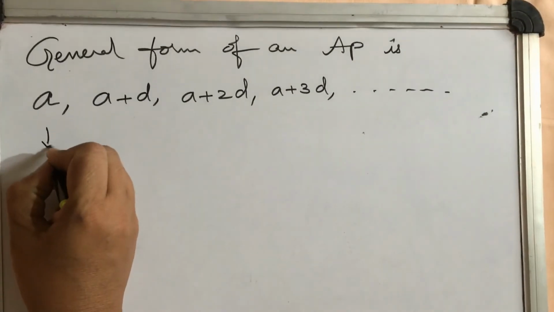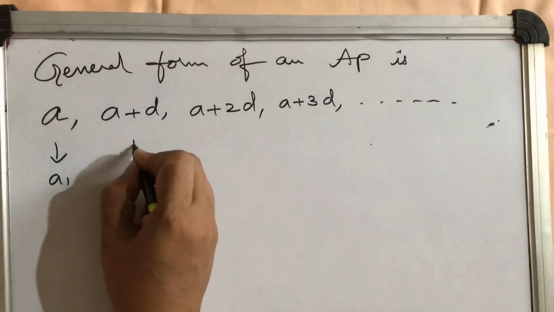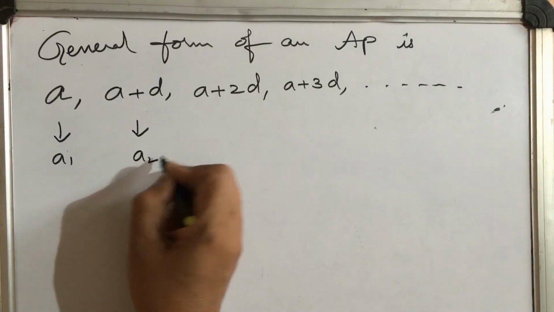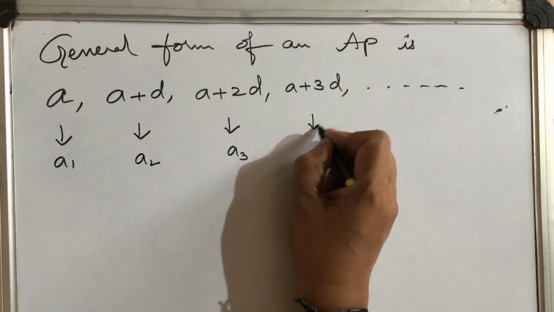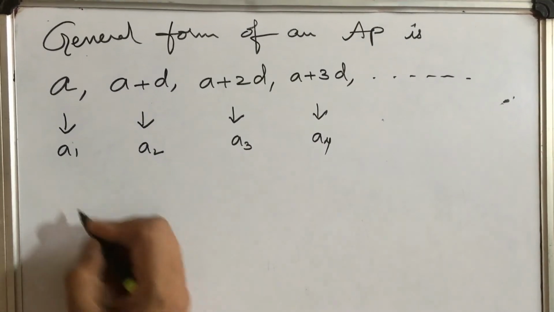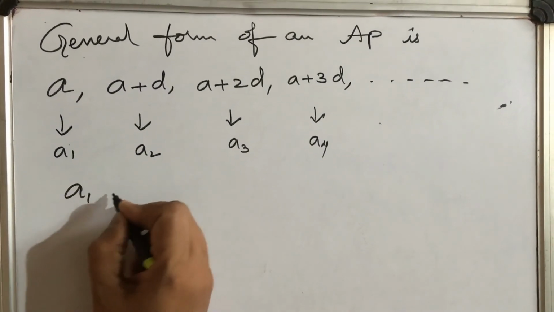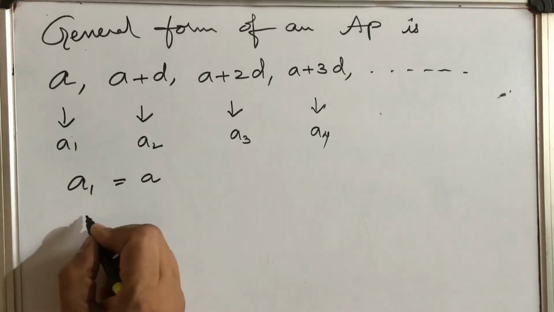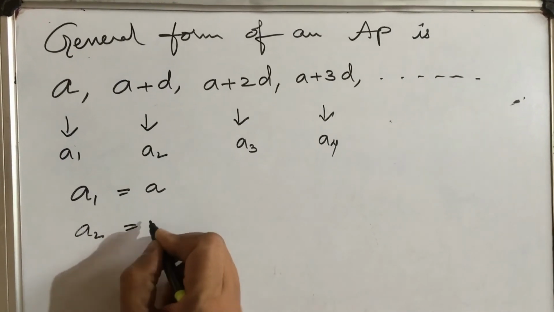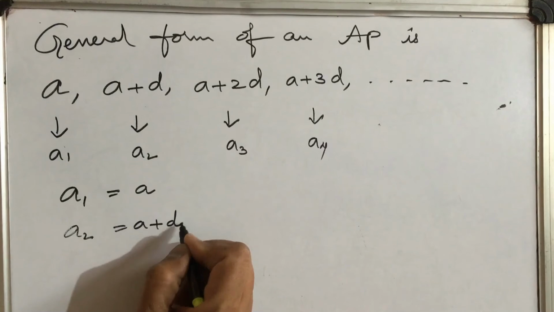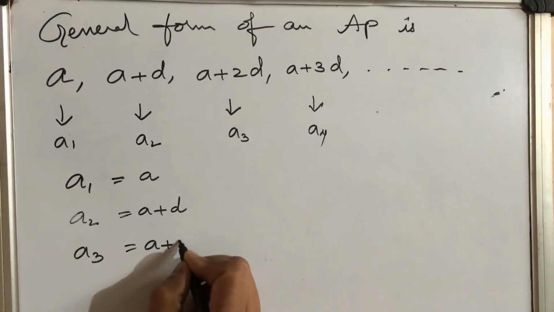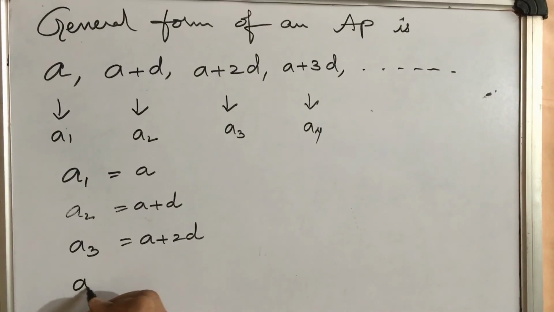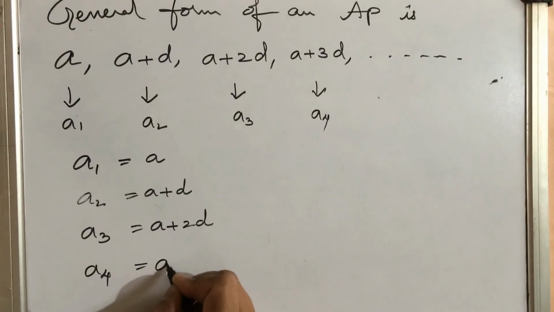Here this is A1 and this is A2 and this is A3 and this is the fourth term A4. So let us write here A1 as A, A2 as A plus D, A3 as A plus 2D and A4 as A plus 3D.